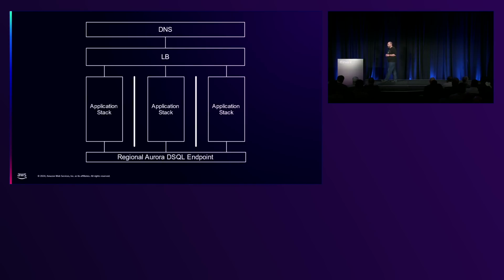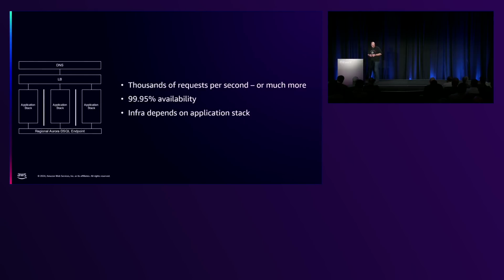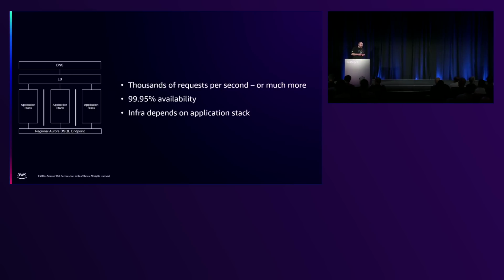So what kinds of properties can I get out of this architecture? Well, thousands of requests a second, or much, much more, right? 99.95% availability. The ability to survive the failure or disconnection of an entire availability zone with essentially no customer impact.